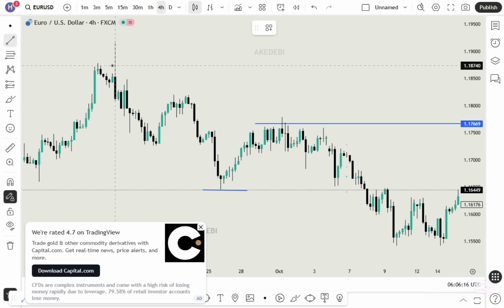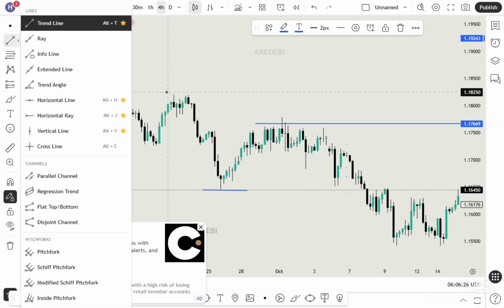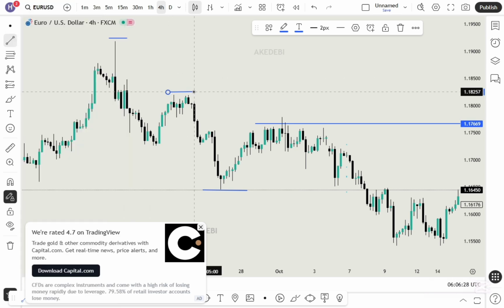This acts as a liquidity zone, and this acts as a liquidity zone, because the market is not supposed to shift out this point. But if it shifts it out, meaning like this one here was unable to shift out this market, if it shifts it out, that is what we call a liquidity sweep.